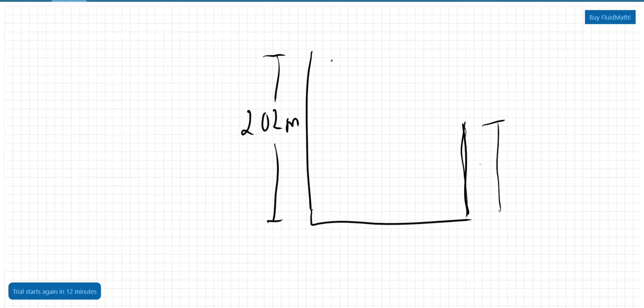So the shorter building, I can just call it X because I don't know how high it is. But from here to here, it's 120 meters. Okay, so we've got our taller building that's 202 meters high, our shorter building, which we don't know the height of, and the space between them is 120 meters.